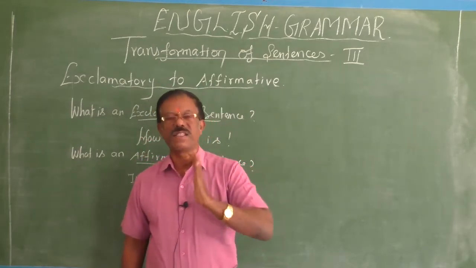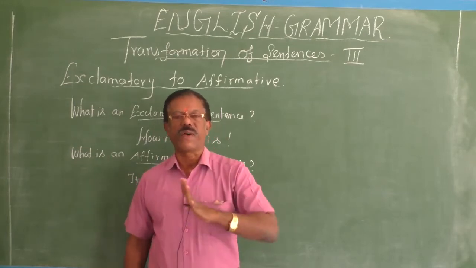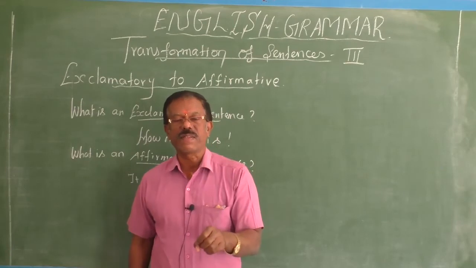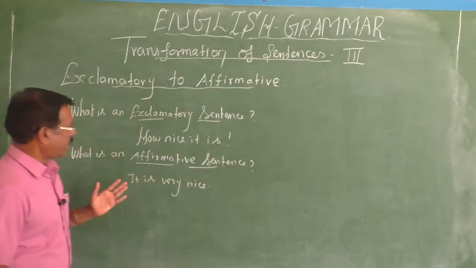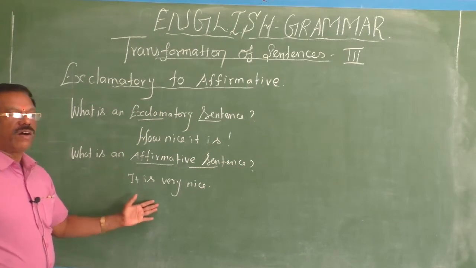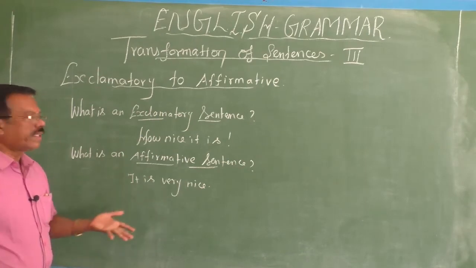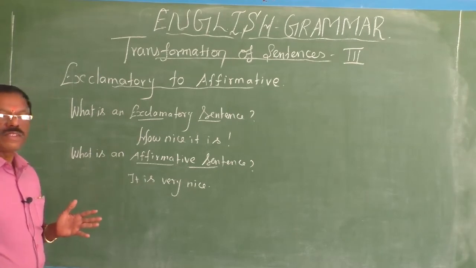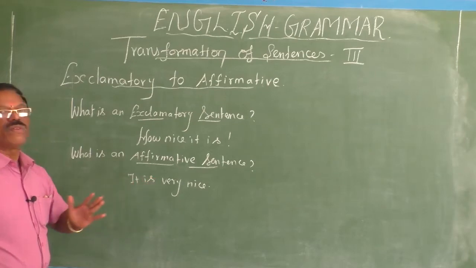It says positive meaning. It states some fact. Such types of sentences are called affirmative sentences. It's very nice. It's very long. It is so dark. It is so hot. They are all examples for affirmative sentences. An affirmative sentence begins with the subject and ends with a full stop.